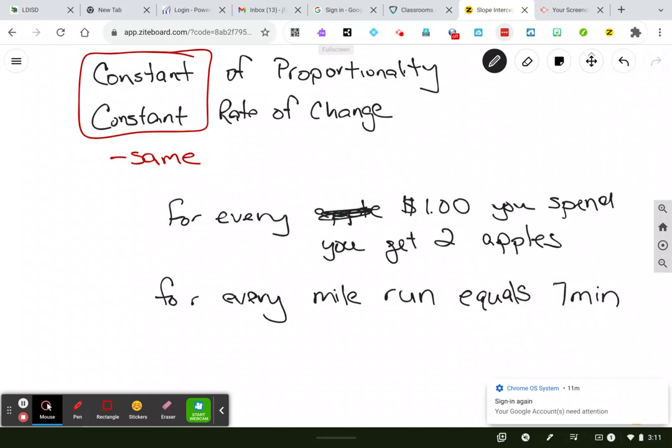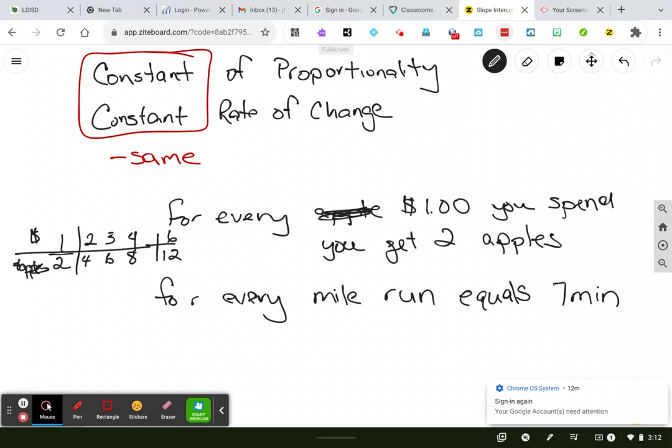Maybe you're a fast runner. So the way you would describe this is: for $1, I get 2 apples. For $2, I get 4. For $3, I get 6. For $4, I get 8, and so on. And I could figure out that for every 12, I get 6.